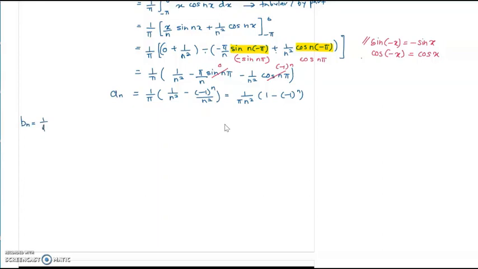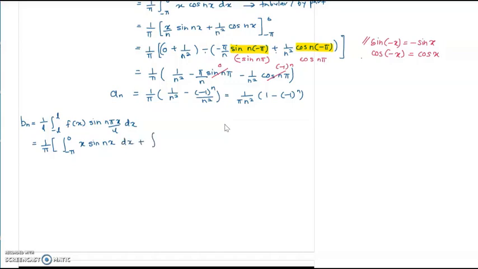1 over L integral from negative L to L of f(x) sine n pi x over L dx. Okay, so what we have is 1 over pi. Again, we have from negative pi to 0, f(x) in that interval is x, so x sine nx, because our L is pi, dx.